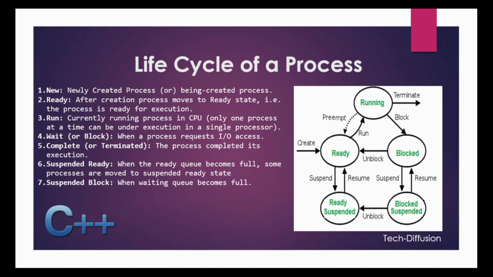Suspend block is when the waiting queue becomes full. That is the other state. And we can see in the diagram transitions such as preempt, run, block, resume, suspend, and unblock. These are all the methods used in process state changes.